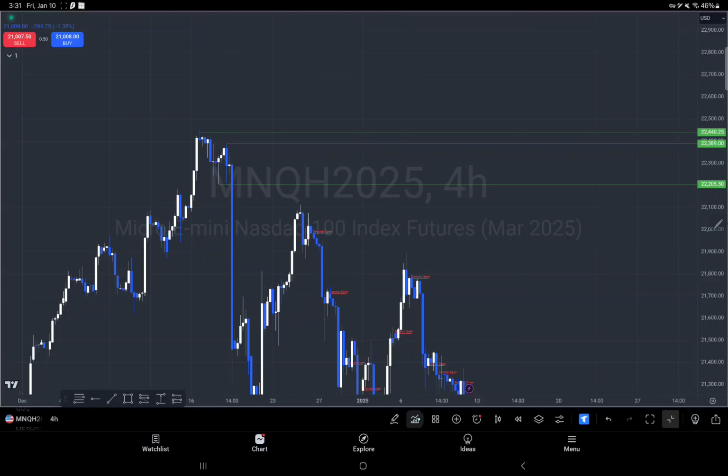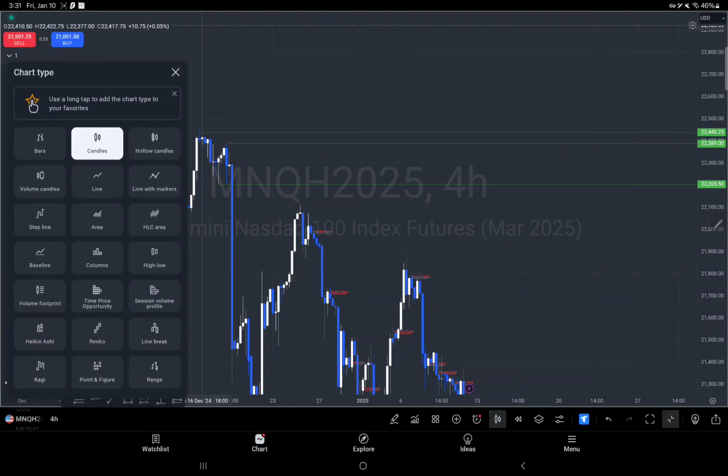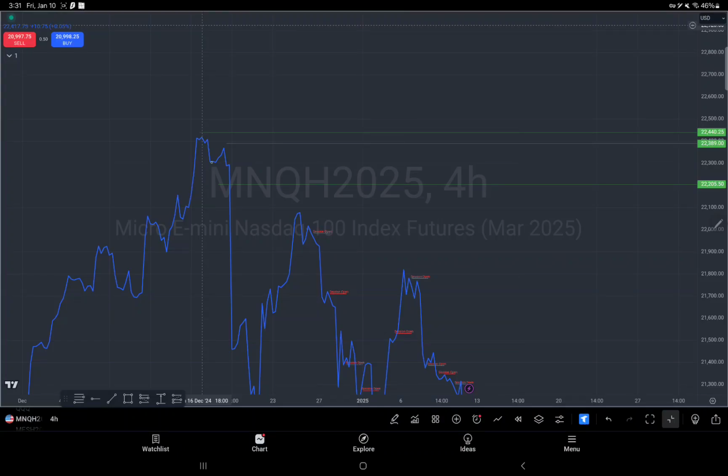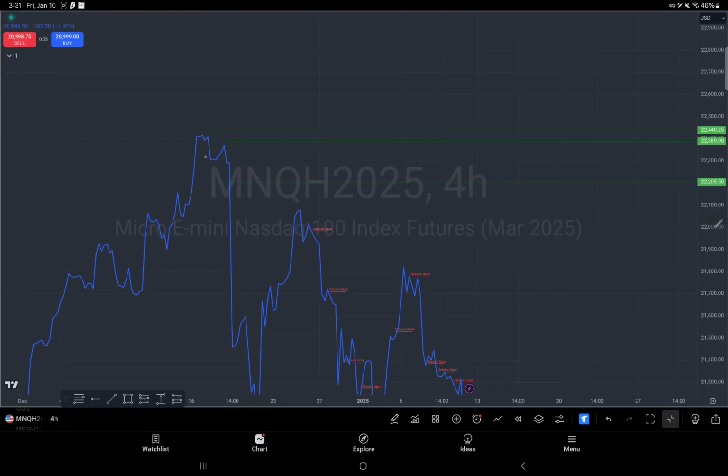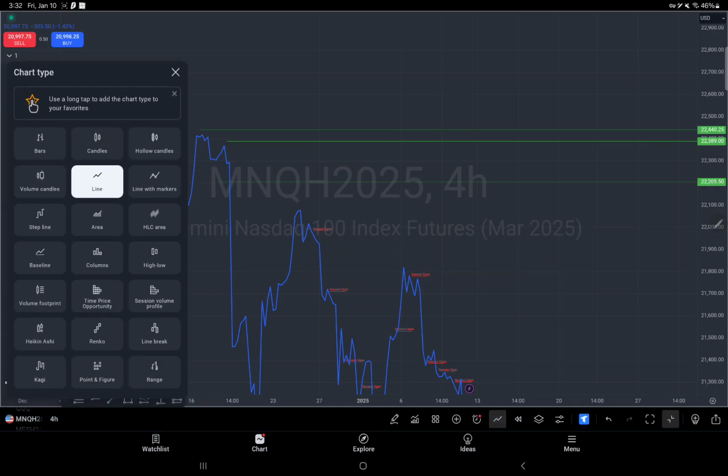If we were to take this chart and turn it into a line chart, what would it look like? A swing. If you look right here, there is a little U. All right, so that little U is important, and I'm going to show you in a minute why.